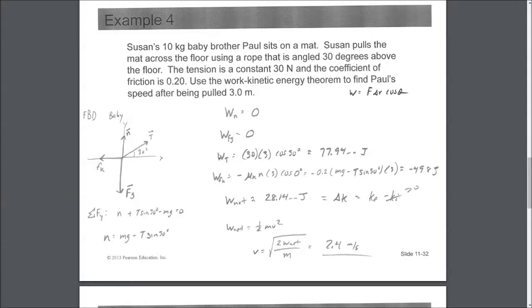So we have our work for tension. That's a positive work because it's pointing to the right. We're moving to the right. Magnitude's 30, displacement's 3, cosine 30 degrees is the angle between the two vectors. We got about 78 joules, right? And what's up with friction here? Well, it's going to be negative work, so I'm going to manually put the negative sign in there.